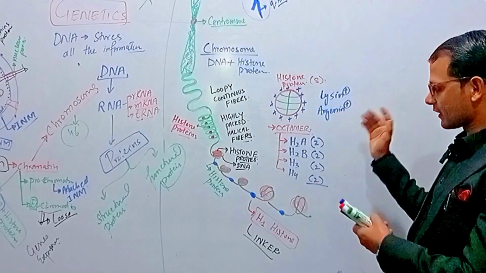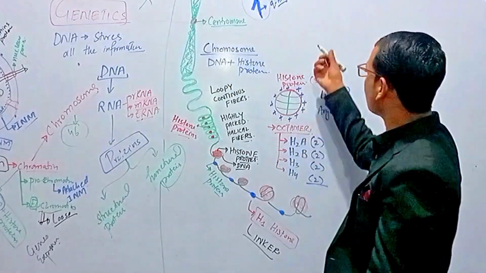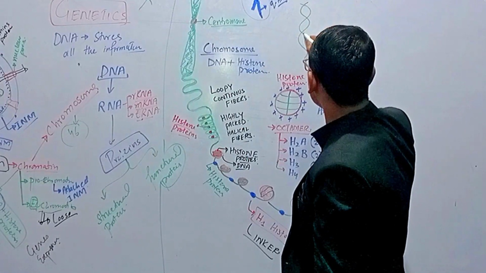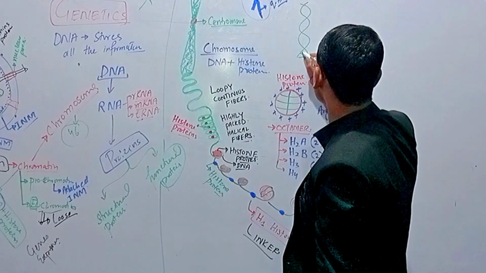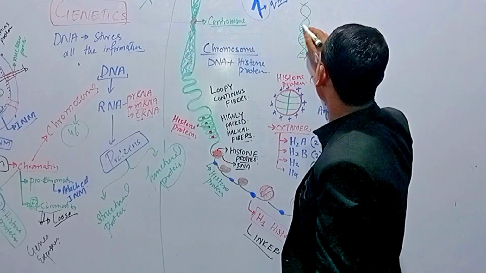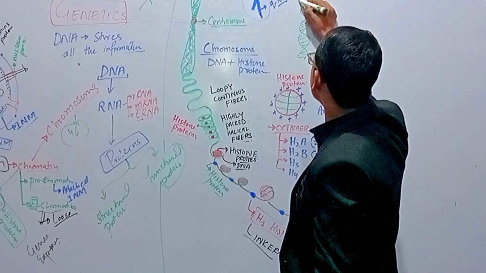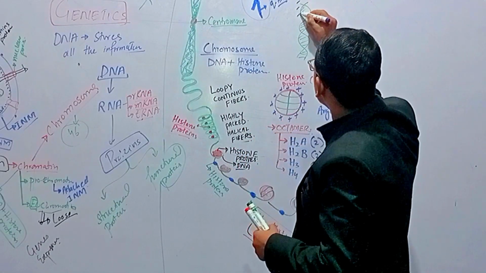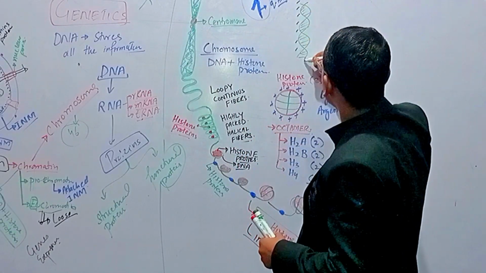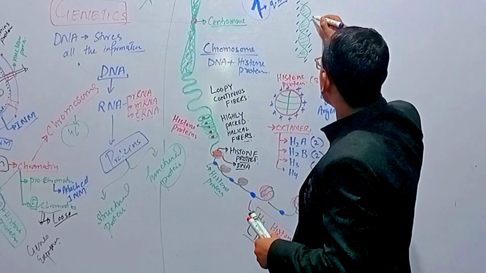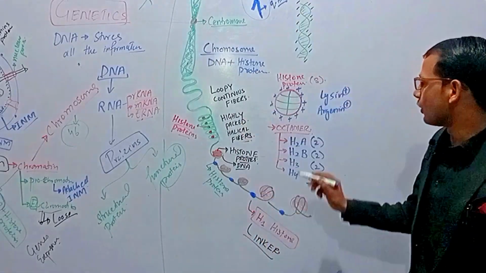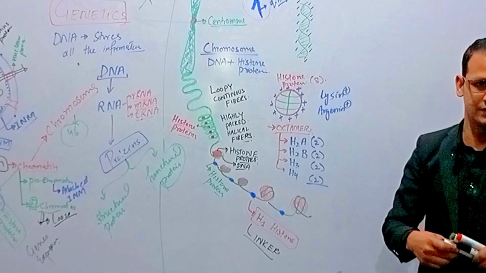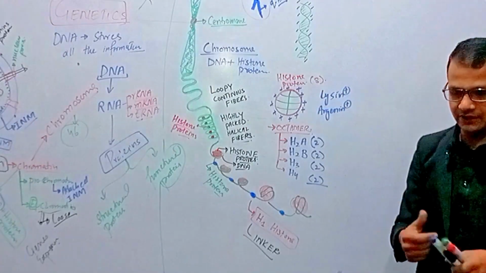After some time we will see that DNA has a negative charge, because of the phosphate group. Negative and positive charges attract each other.